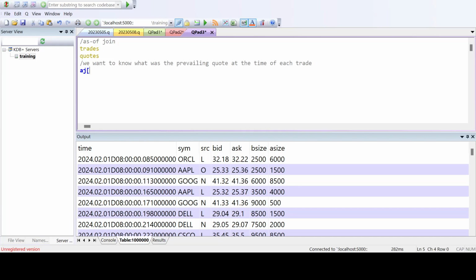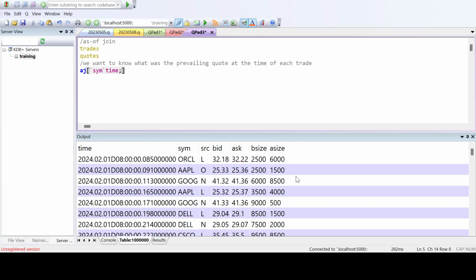There is a function called aj, and it accepts three parameters. First are the columns on which we are going to join: sim followed by time.